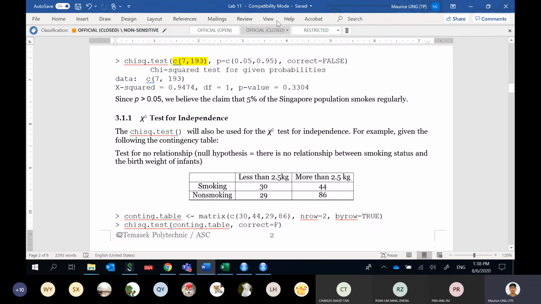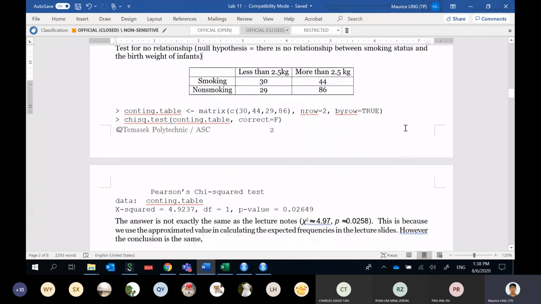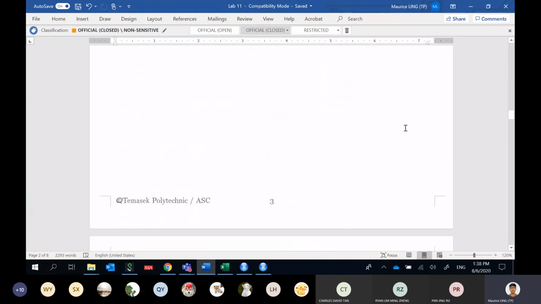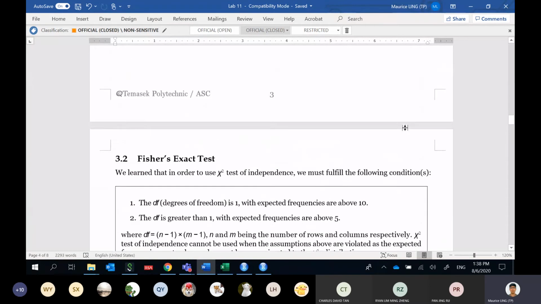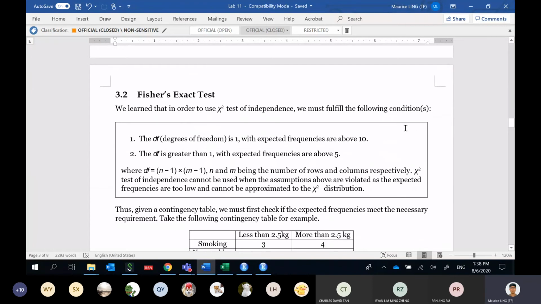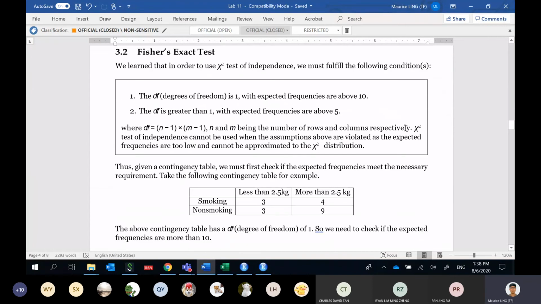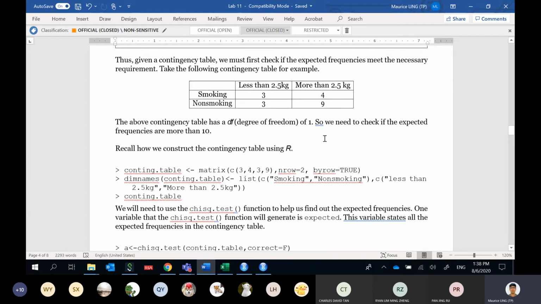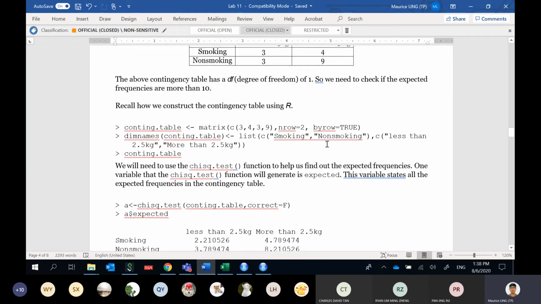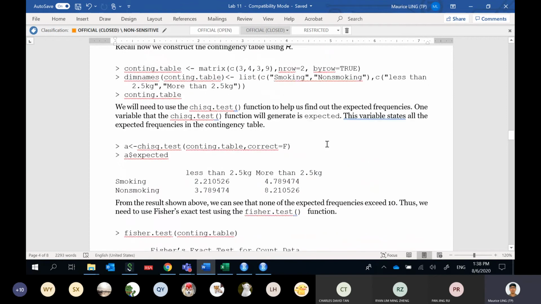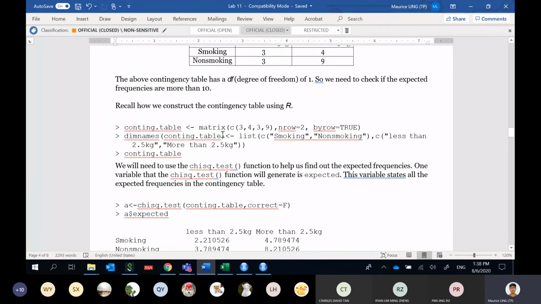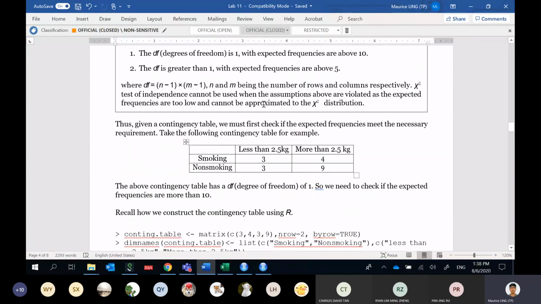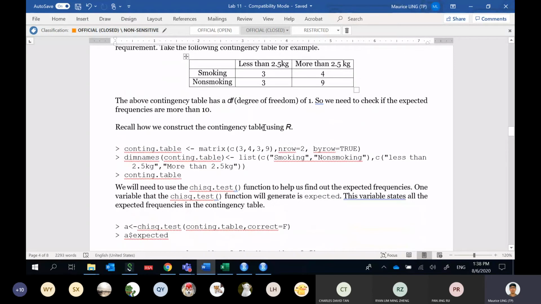So we have actually done that already. The last one that we are going to do, and I'll say this very fast, is your Fisher exact test. You remember that Fisher exact test is very tedious to do by hand, but it's quite easy to do here. Fisher exact test uses the same thing. What happens if the samples are actually smaller?